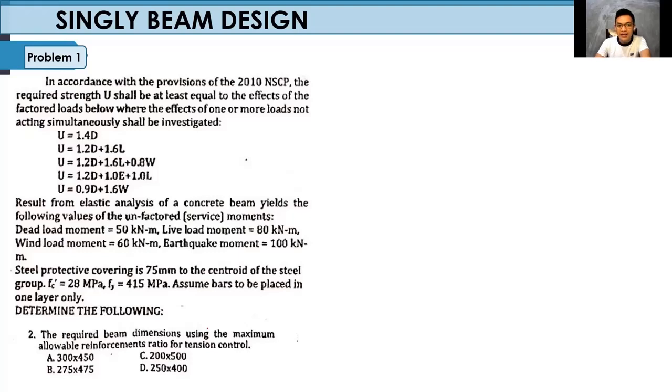So, therefore, i-check natin kung saan sa apat yung dapat natin gamitin. Diba? Okay, so sulat na natin kanina, na-solve natin that we will be using our ultimate factored load, which is 240 kilonewton meter. Okay, so take note dito yung sabi niya is using the maximum allowable reinforcement ratio for tension control.